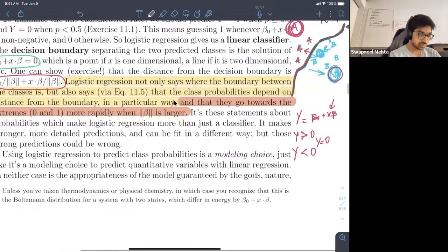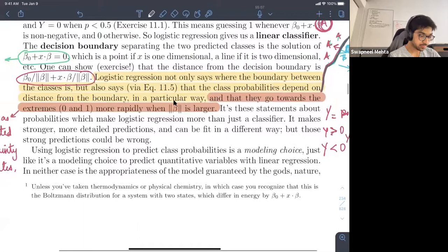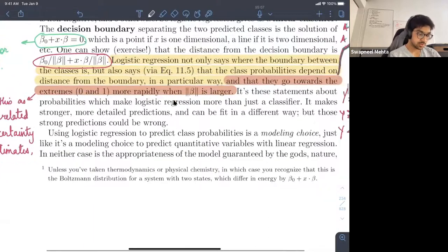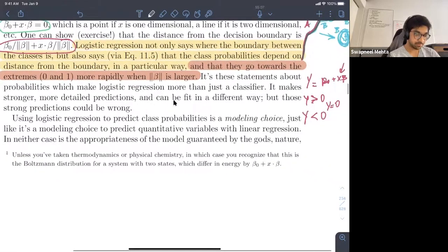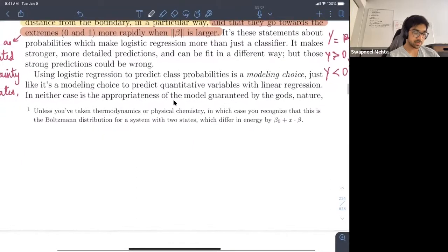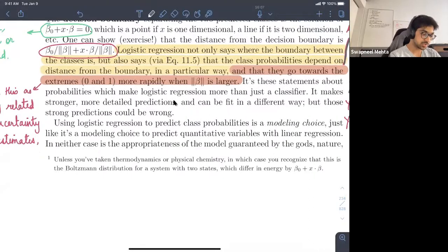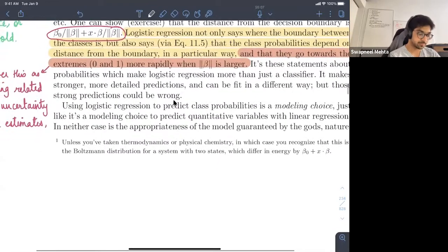And what he's saying is that the class probabilities depend on the distance from the boundary in a particular way, and that they go towards the extremes far more rapidly when the mod beta is larger. So mod beta is the norm of your parameters.